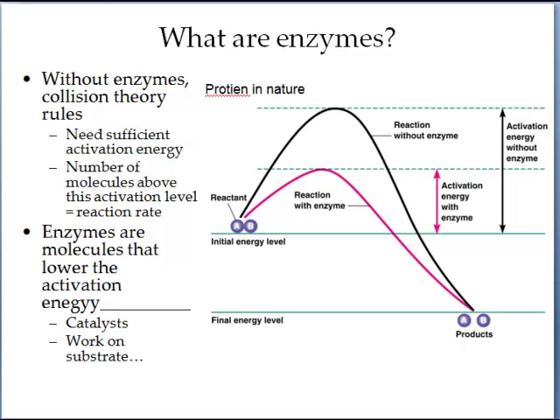An enzyme that will only work on a particular kind of lipid would be named after that substrate. So enzymes have many names, and usually the names of enzymes end in ASE, and the names are based on the substrate that they're working on. So they change the name of, for example, sucrose to sucrase. Protein would be called proteases. So usually you will find the names of enzymes ending in ASE.